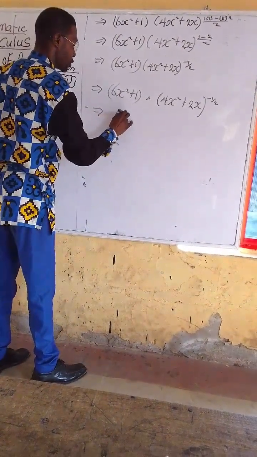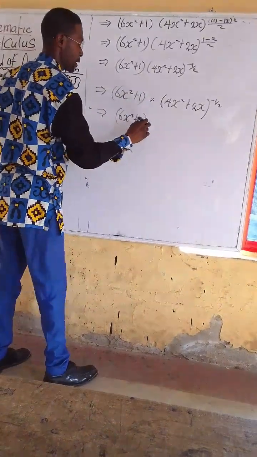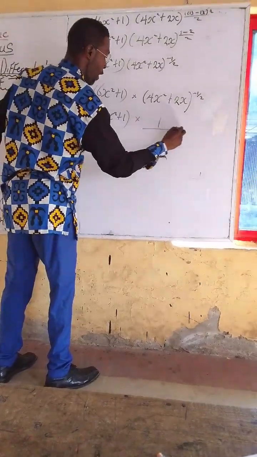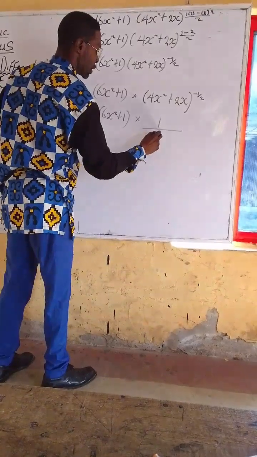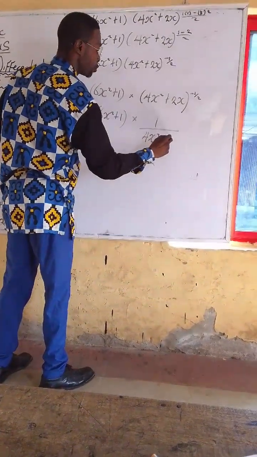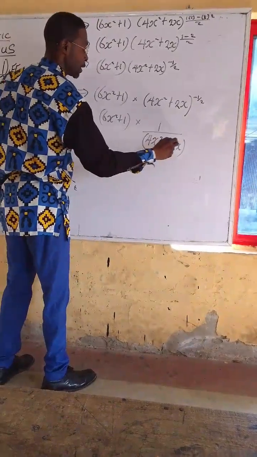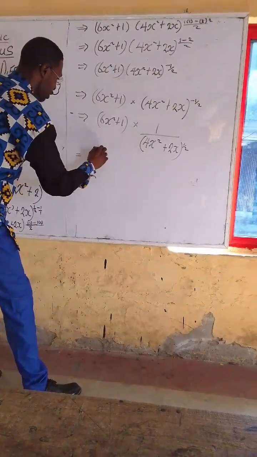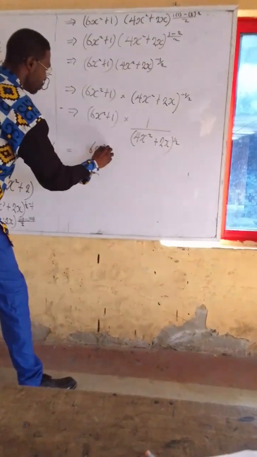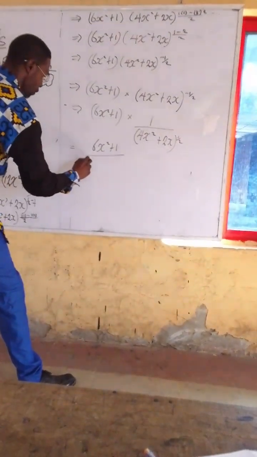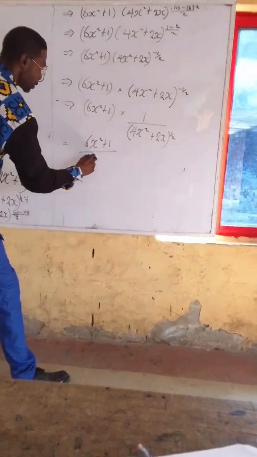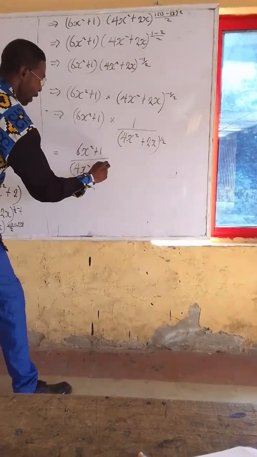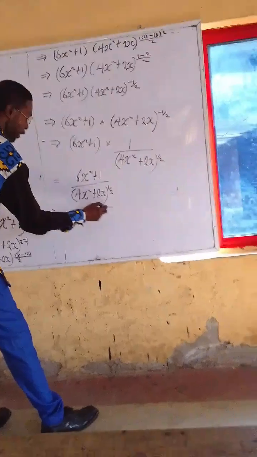Then we have 6x squared plus 1 in bracket times this one according to indices, 4x squared plus 2x in bracket, 1 over 2. Then 1 times this is going to be 6x squared plus 1 over 4x squared plus 2x bracket 1 over 2. This is your final answer.